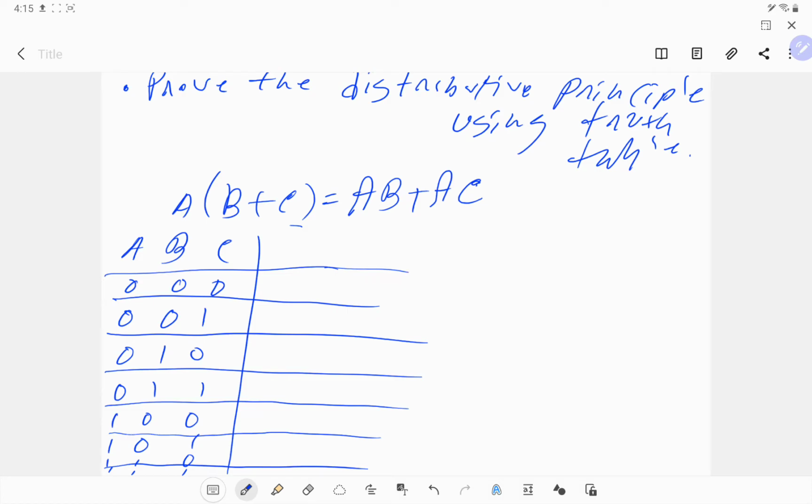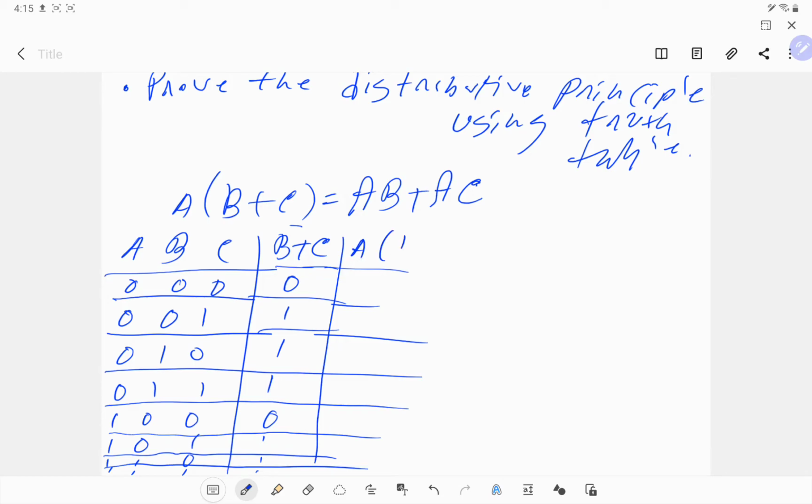Now we want to find B plus C. What is that? It's B plus C: 0 1 1 1 0 1 1 1.